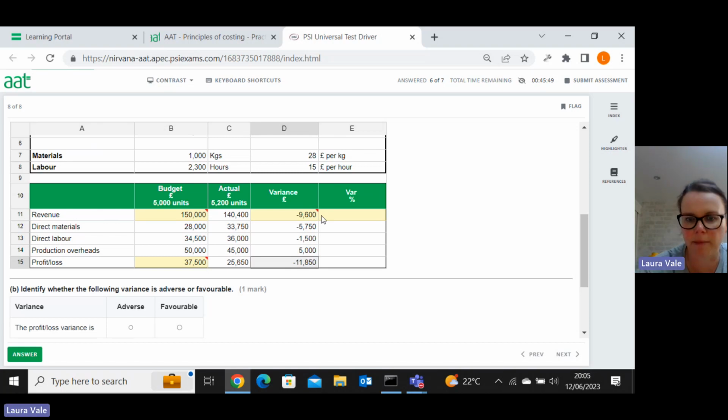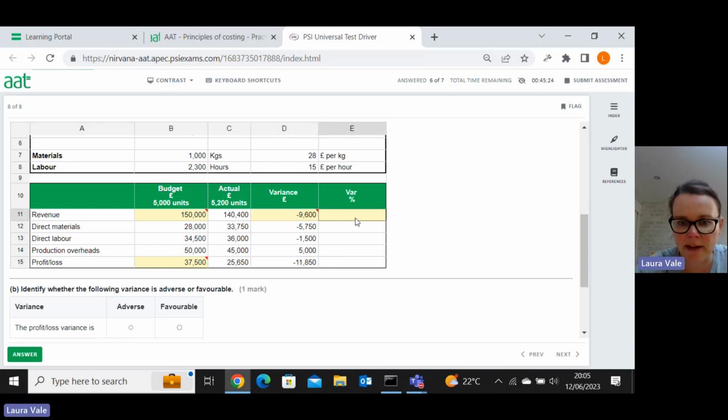Oh yeah, sorry, I don't know what I'm talking about sometimes. The sum of revenue, take away all of those. So I'll do that again. Minus 9,600, then you're taking these away to get to the profit. So you can see that that does indeed work.